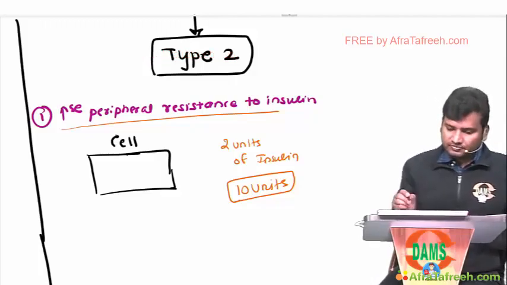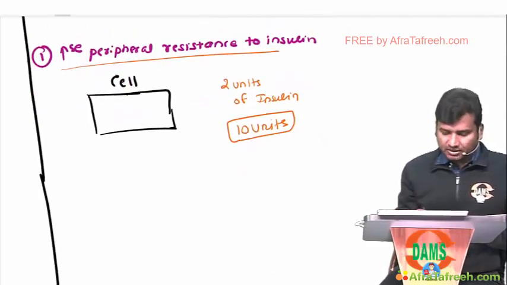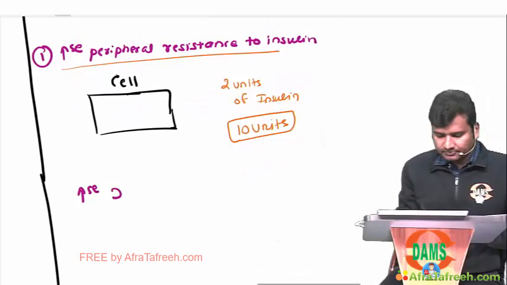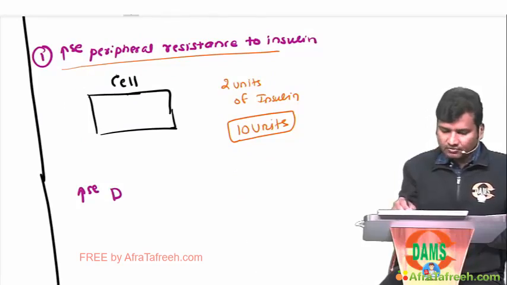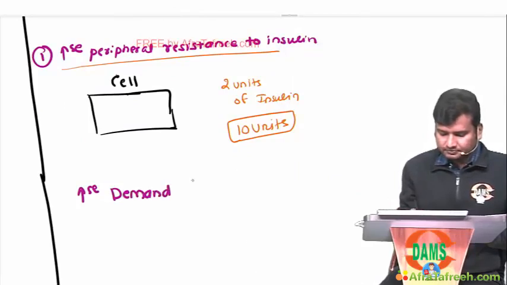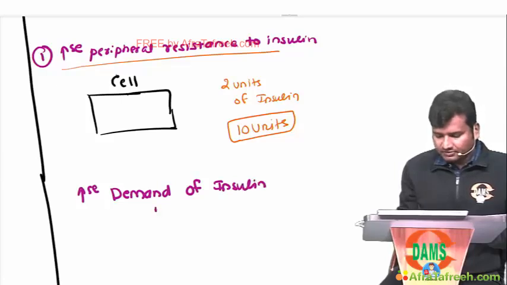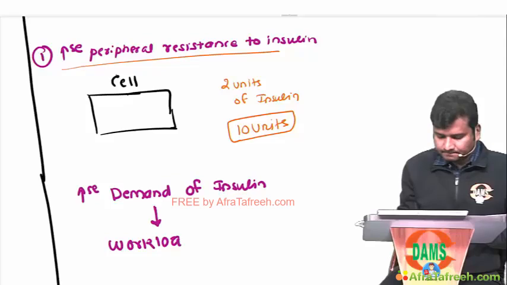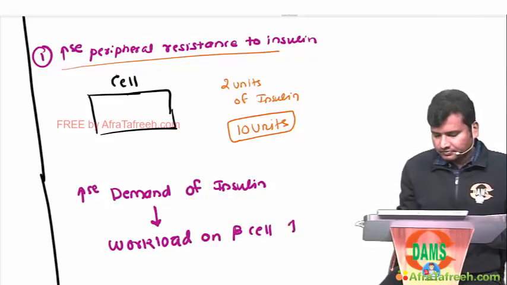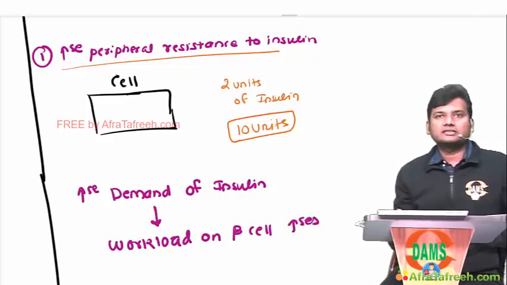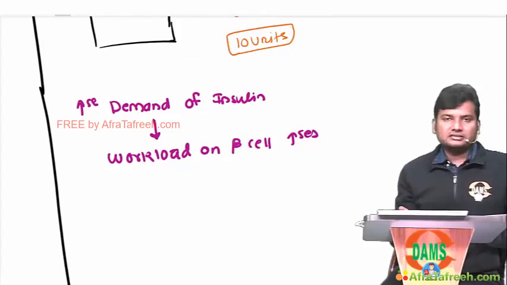Because of this, the patient will have increased demand of insulin, and the workload on beta cell will increase. Number of beta cells they are normal, but workload on beta cell is increased.